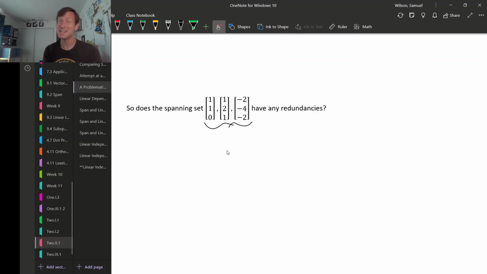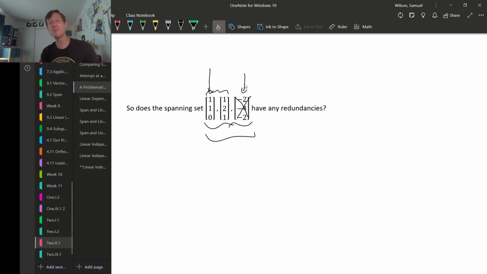But in fact, it does. So it turns out that if we throw away this vector, these two span the same subspace as all three together. So there was a redundancy, we just missed it, right? So this one isn't redundant, but that one was.